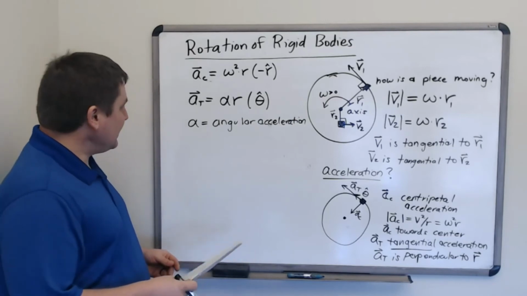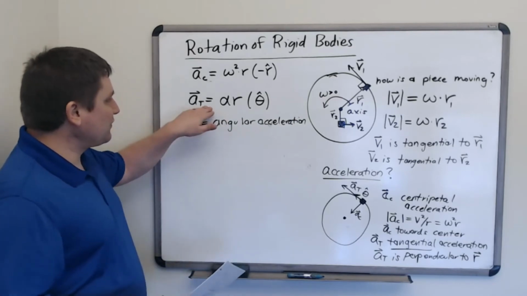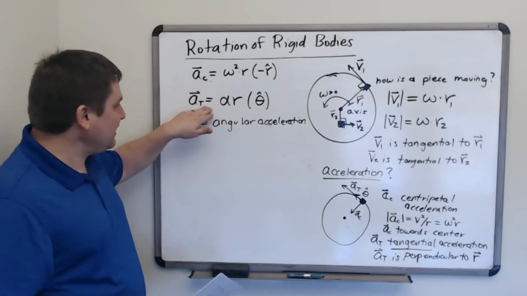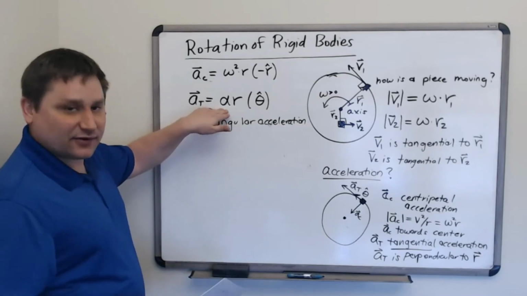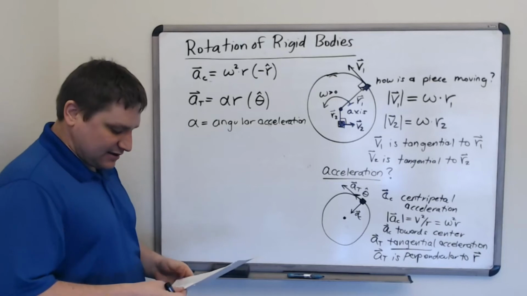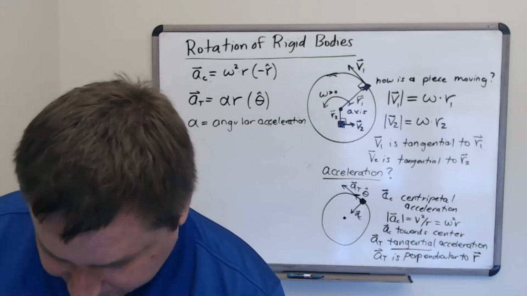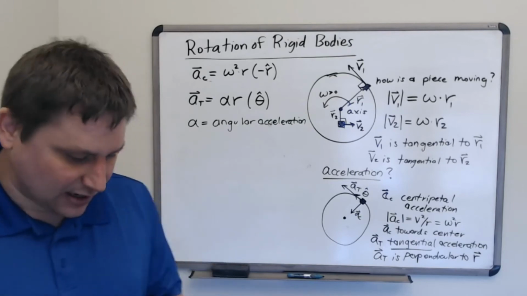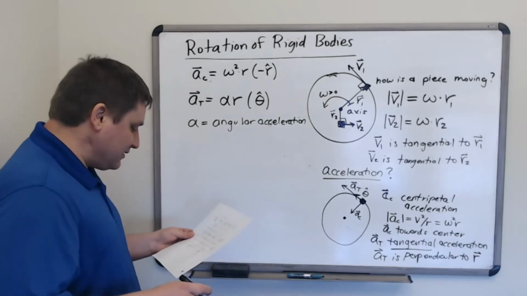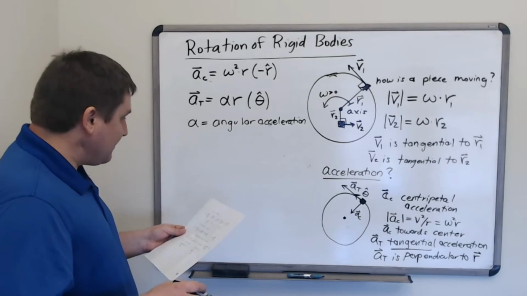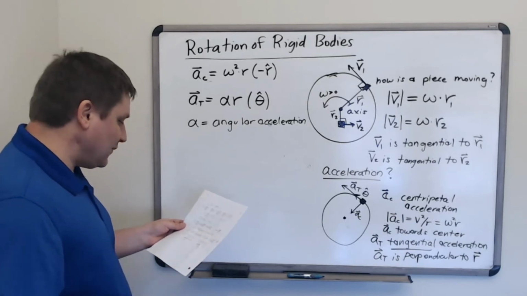So how can we understand why we would write the tangential acceleration in terms of an angular acceleration multiplied by a radius vector? Well, if we want to justify that, we will need to go to the component forms of these quantities.